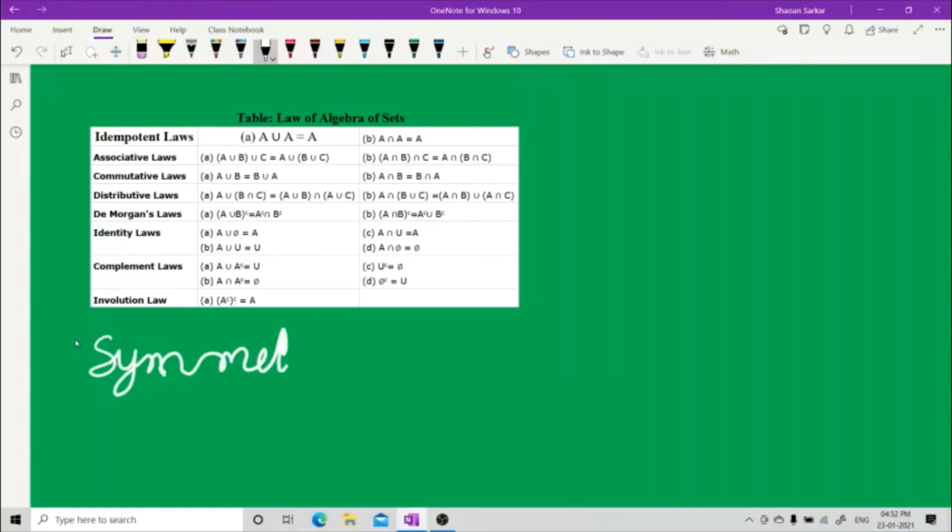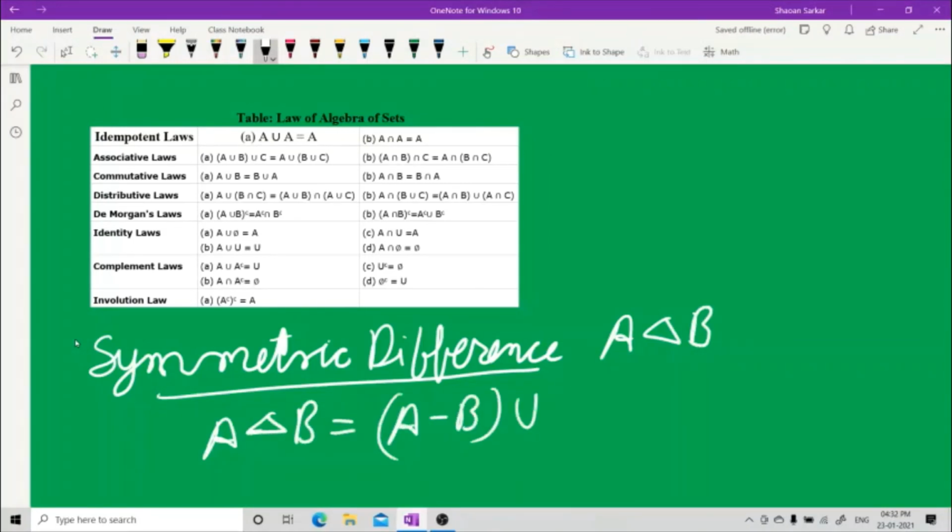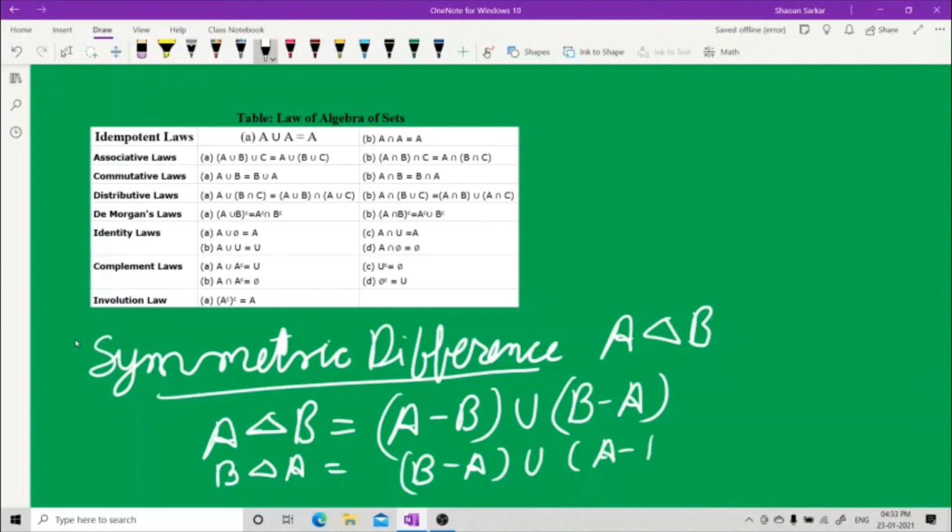Symmetric difference, that is A delta B. A delta B is nothing but A minus B union B minus A, and B delta A is nothing but B minus A union A minus B, one and the same thing, just writing one in the front and the other in the back.